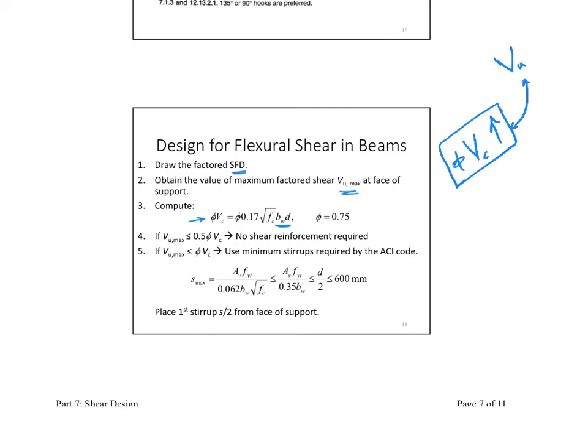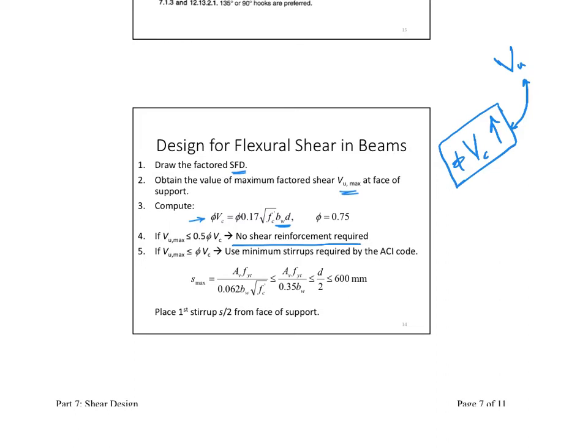So simply, it says that if your phi VC is really, really high, that is more than double the VU, then there's no need for shear reinforcement. So if the VU is less than or equal to half of the phi VC, there's no need for shear reinforcement.